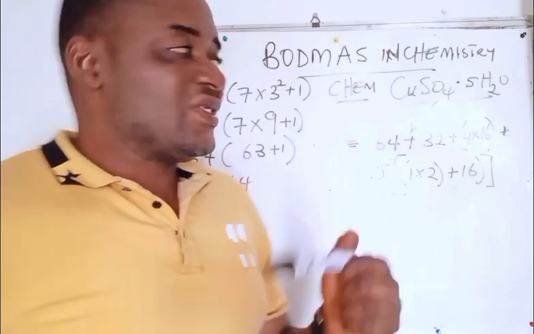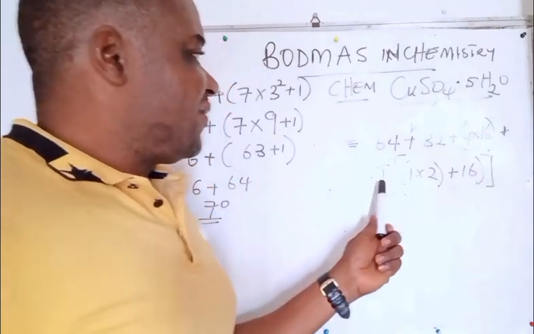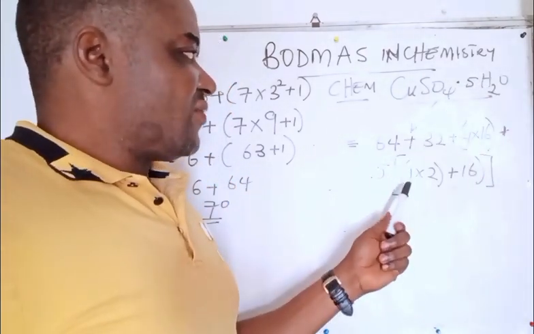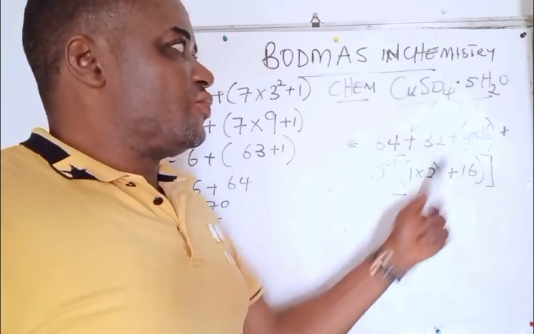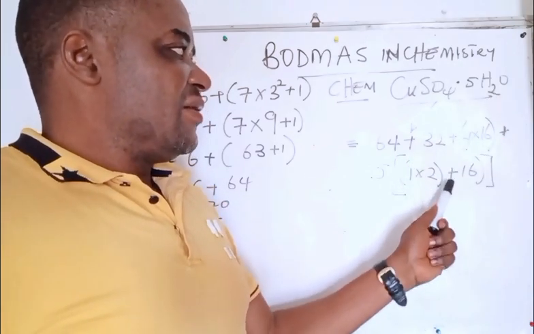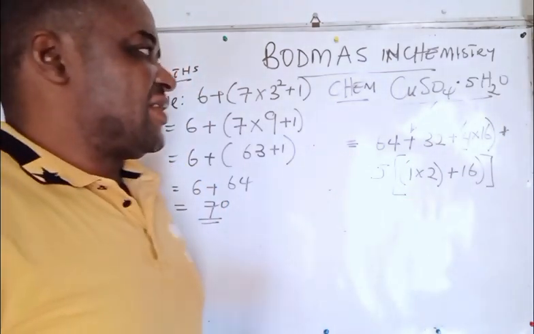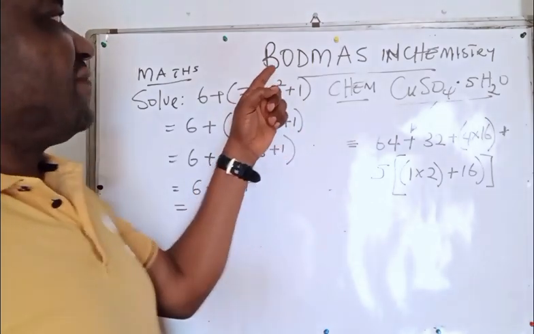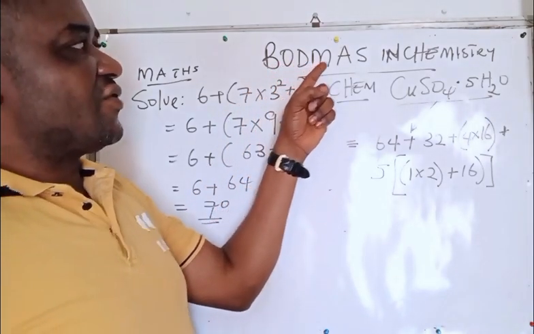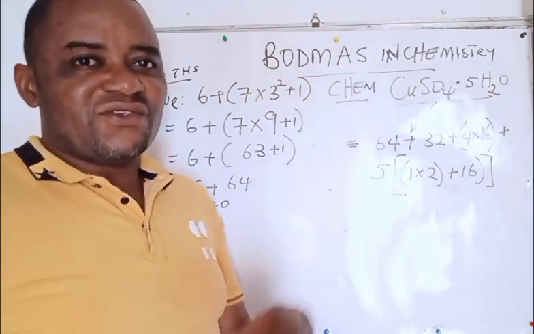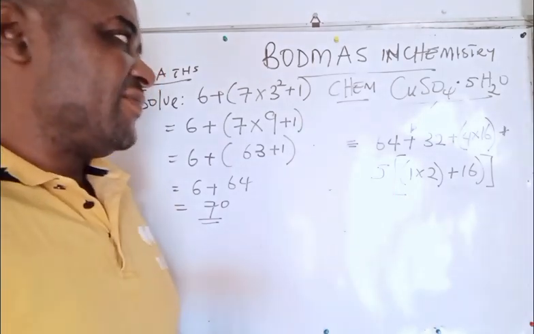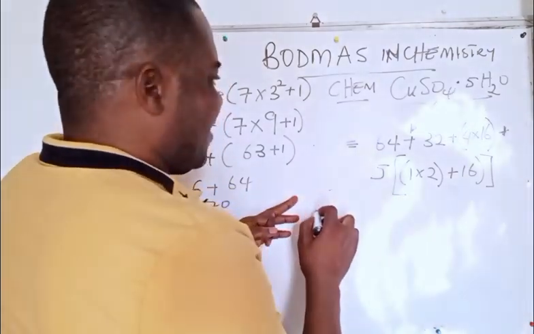Plus 5 times water, which is hydrogen, 1 times 2, the subscript, plus 16. Now BODMAS says bracketing order of division, multiplication, addition, and subtraction. We apply it here now.